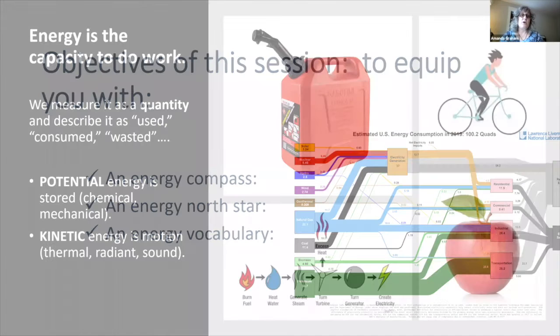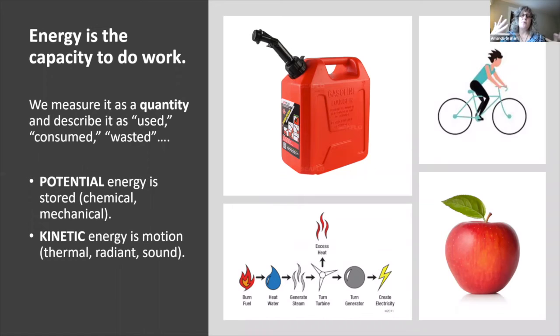So let's go ahead and get started with the very most basic concept and term, energy. What does energy mean? The term energy means, from a physics standpoint, the capacity to do work, right? So we can talk about energy consumption, we can talk about energy use, and we also often talk about energy that we may waste.